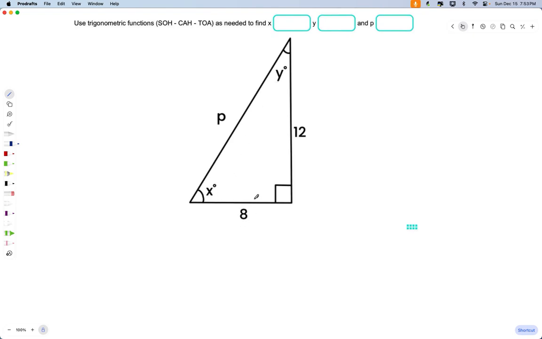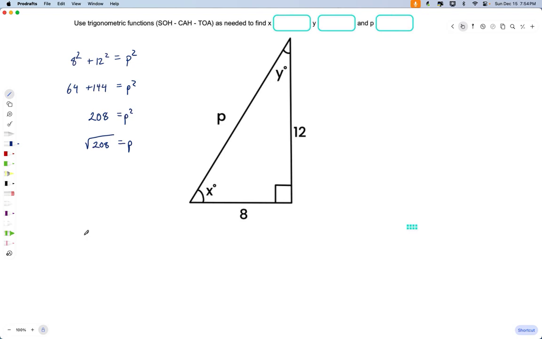So we can use Pythagoras' theorem. 8 squared plus 12 squared is equal to p squared because p is the hypotenuse. 64 plus 144 is equal to p squared. That's going to be 208 is equal to p squared. Square root of 208 is equal to p. We know it's positive because it's a length.